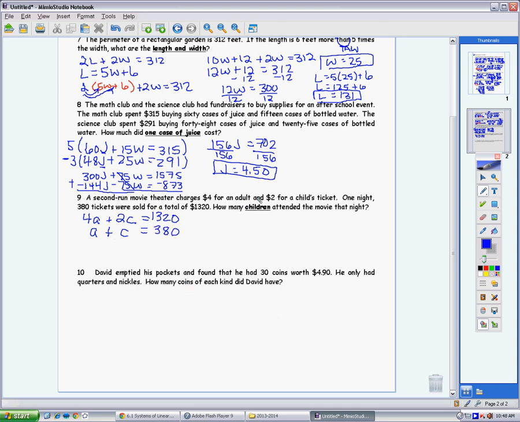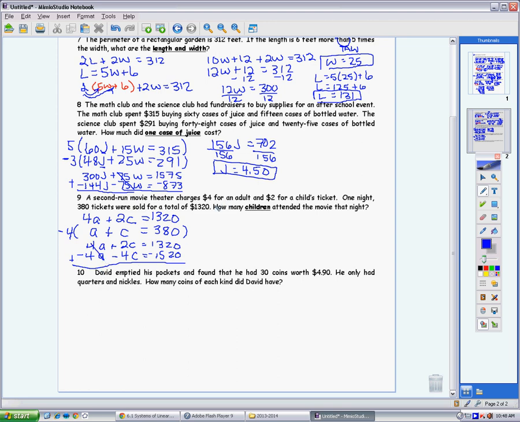Okay, now see how they want us to find the number of children. So that means I want to eliminate my A's. So I'm going to multiply that bottom equation by -4. So I get 4A plus 2C equals 1,320. And then I get, when I multiply through, -4A, -4C equals -1,520. And now I'm ready to add my two equations together.